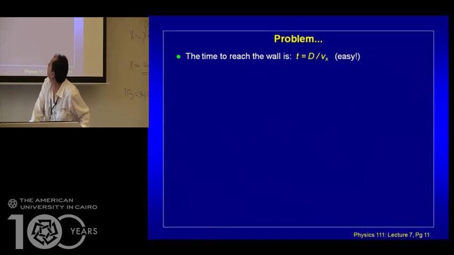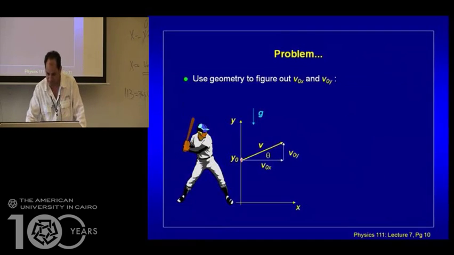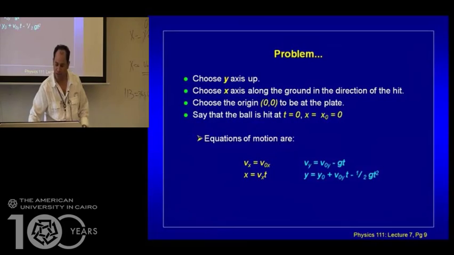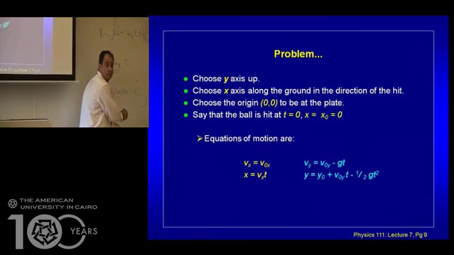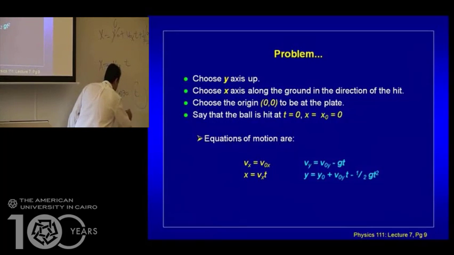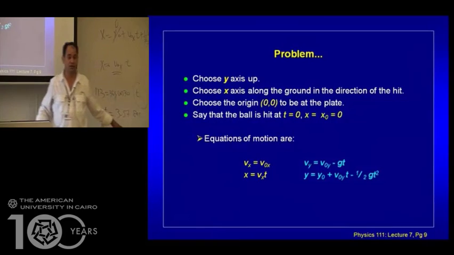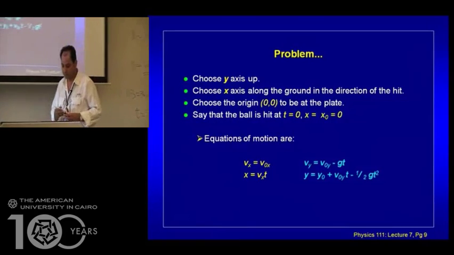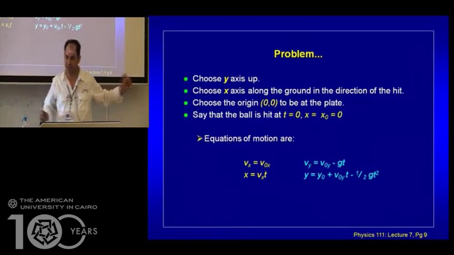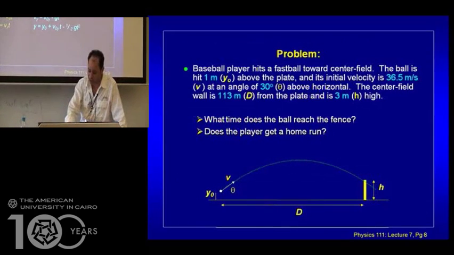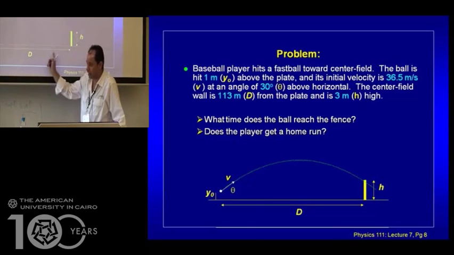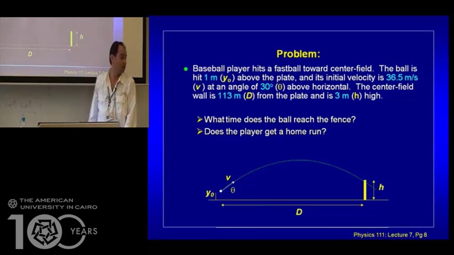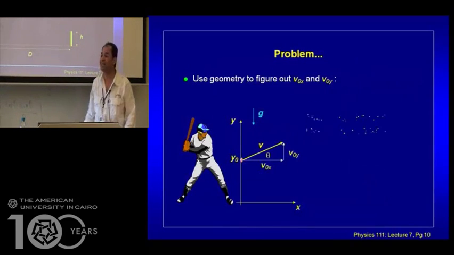Did you calculate t, guys? 5.7, right? Okay. This is t. If you're correct, then this is the time t. So it will reach the wall after it travels a distance equal to 113 meters along the x-axis, and the time equal to 3.57. So what else to do?